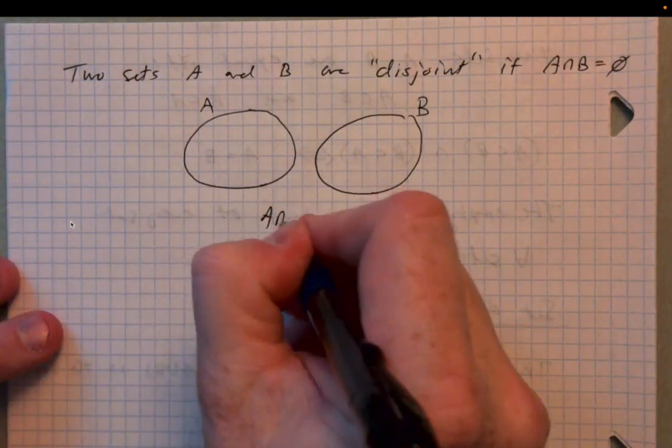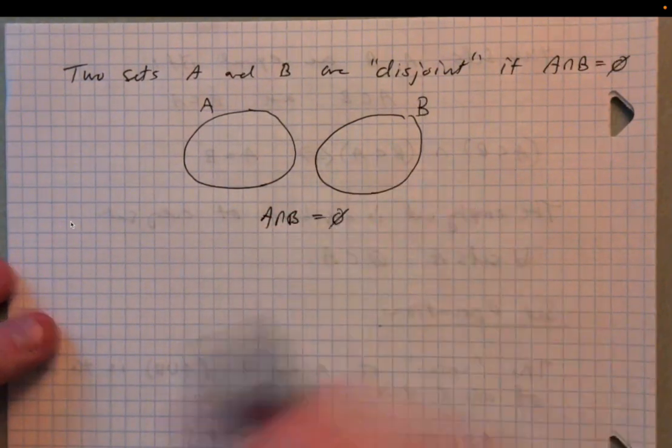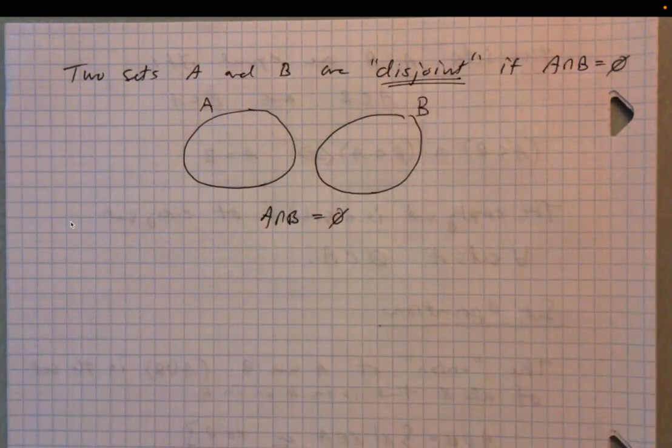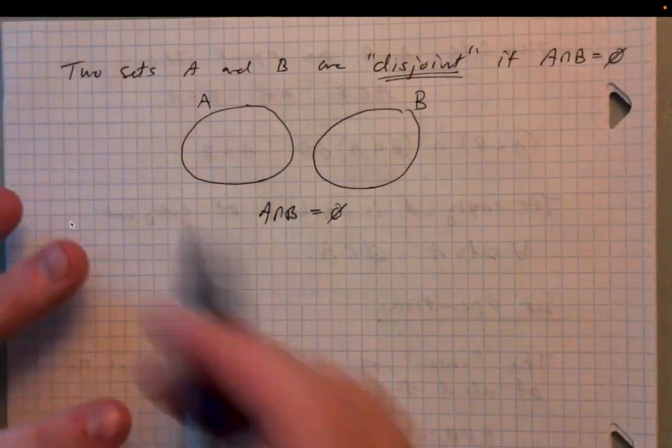So the intersection here is empty. This will come up a lot, and we'll use this in a lot of proofs. When we get into real analysis, frequently a proof will basically boil down to showing that two sets are disjoint, for example. What we're talking about there is that the intersection of the two sets is empty.